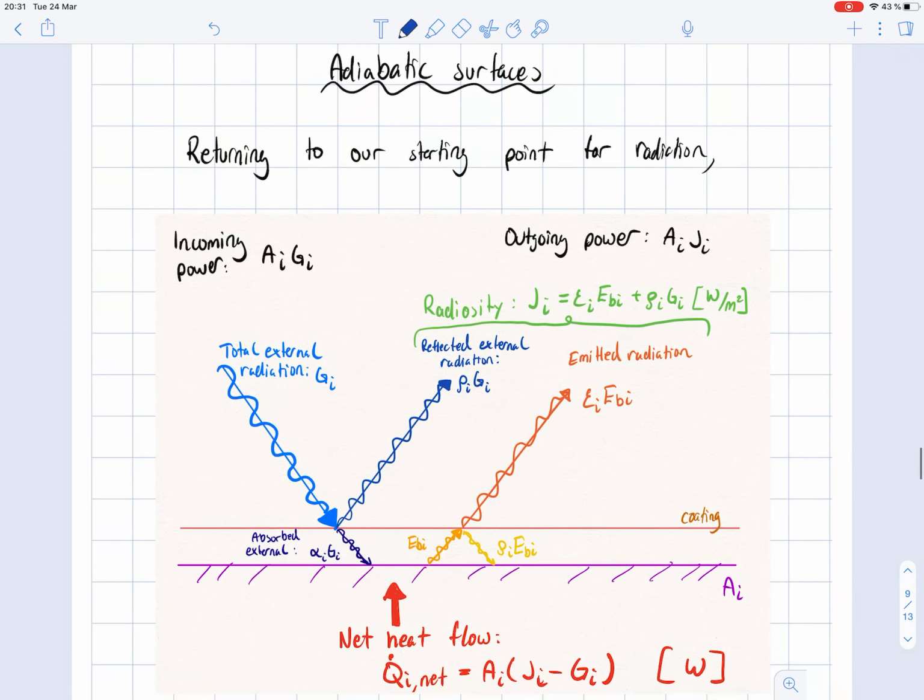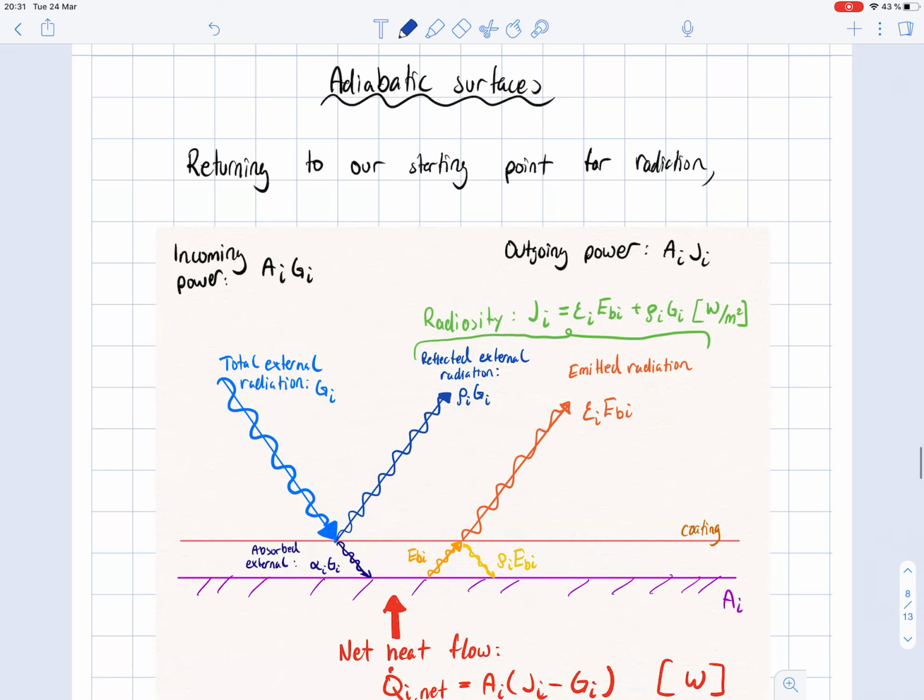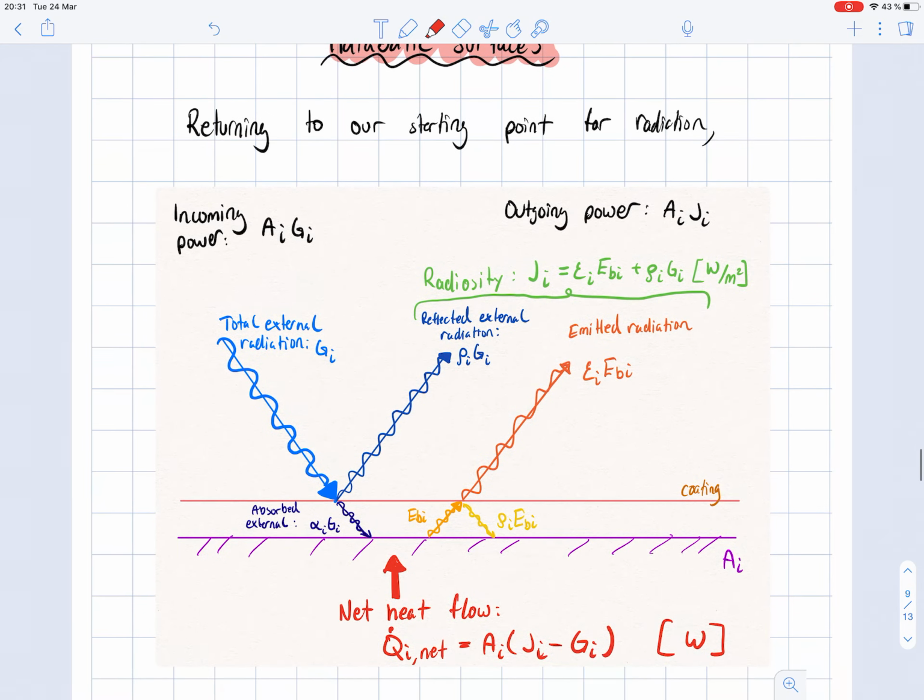Next topic for this lecture is an introduction to adiabatic surfaces. So again, we will return to this starting point that we showed in the first lecture, where we define all of the incoming and outgoing fluxes to our general surface.